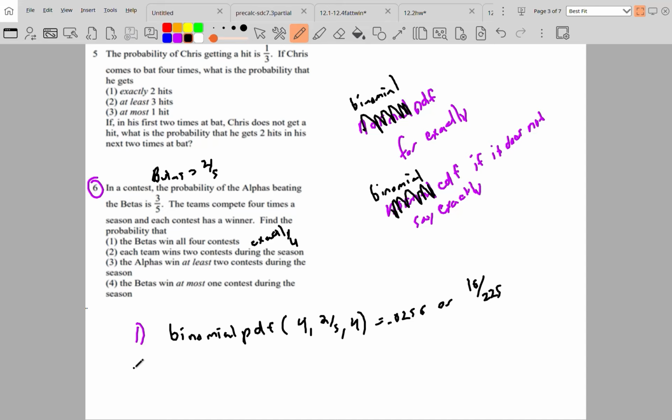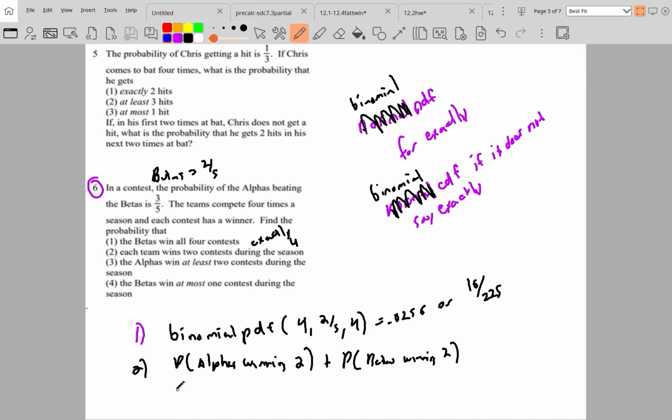All right, choice 2. Each team wins 2 contests. So this is going to be the probability of the alphas winning 2 plus the probability of the betas winning 2. So we do have to realize that.